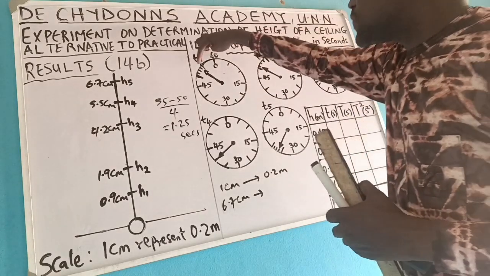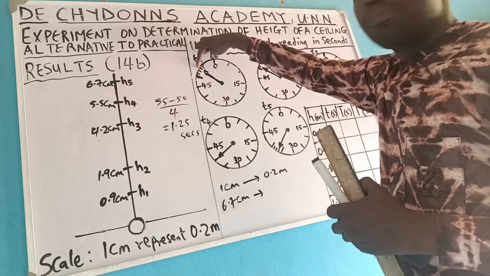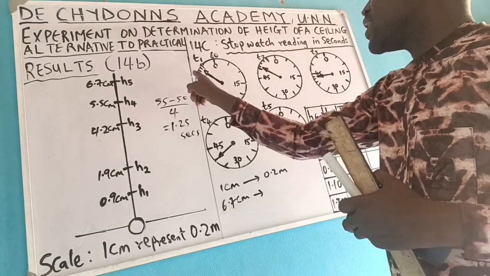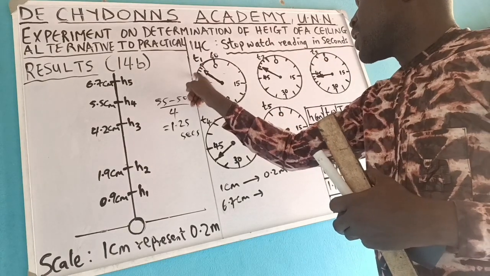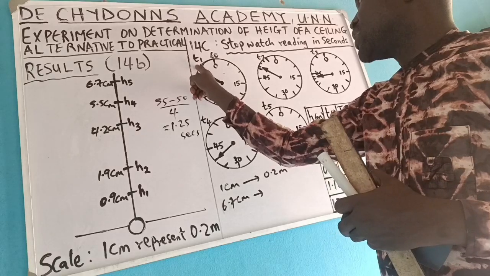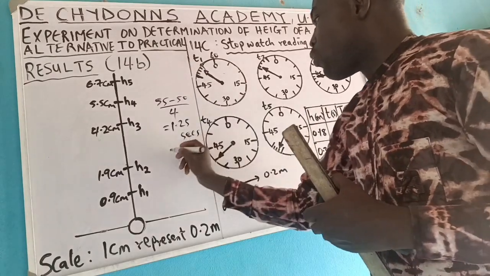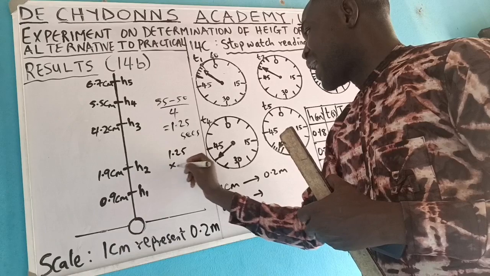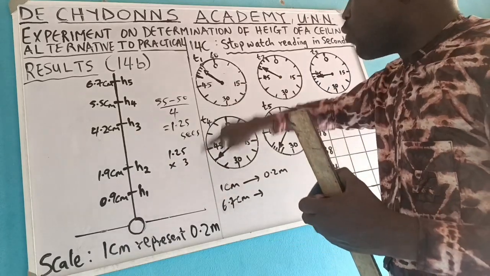Now, because this falls at the third point after 50, these 3 points will be giving me 1.25 times 3.